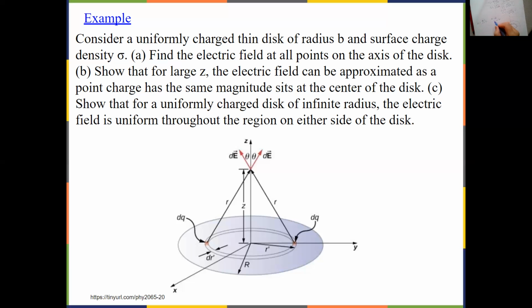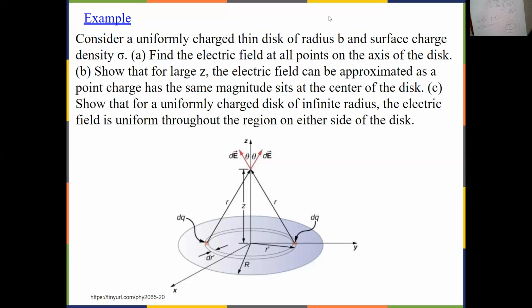You can replace dq with this expression, so dEz equals kZ over Z squared plus r prime squared to the 3/2, times sigma 2 pi r prime dr prime.